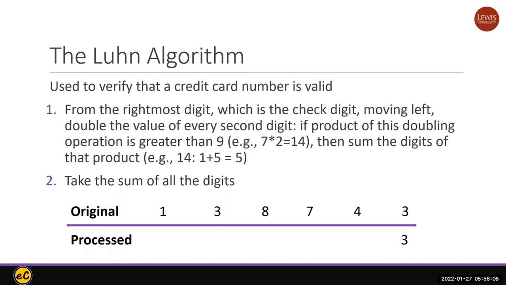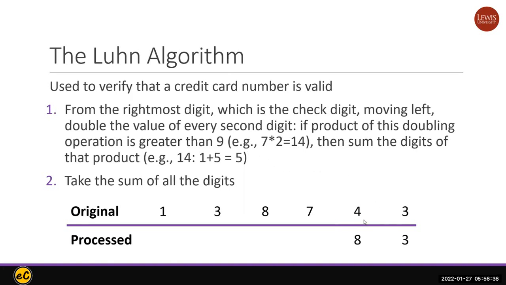You start with the check digit, which is 3, and then double the value of every second digit. So here, every second digit means you move left and take the second digit, and double that. You get 8, and it's not greater than 9, so you don't need to change it.